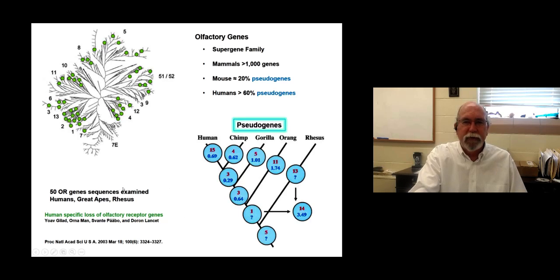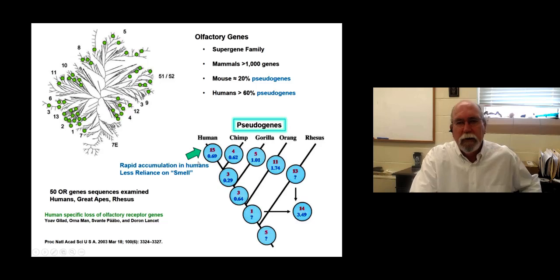There were about 50 that were studied out of the 1,000 or so, and these represent how many were turned off at various times. So 5 were turned off here, 1 was turned off there, 3, etc. By the time you get to humans, there's at least 15 of these 50. So you can imagine that's representing a large number. That's where the 60% comes from.